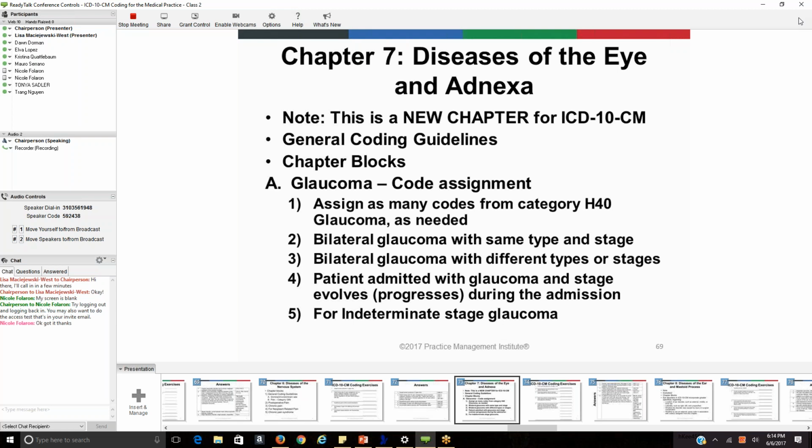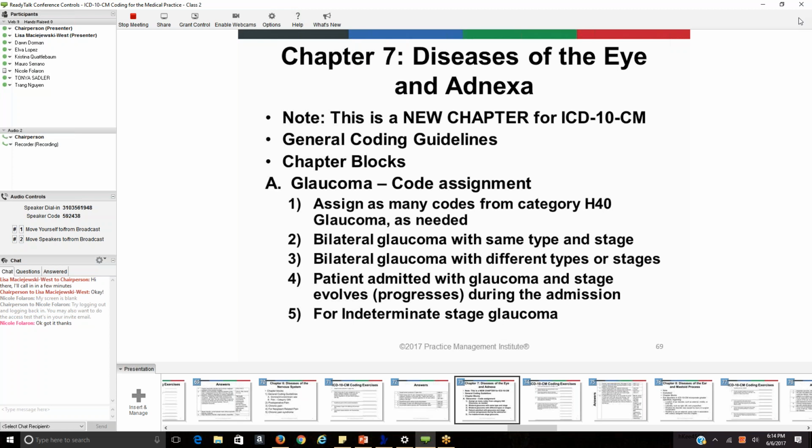If that were to happen, you would assign the code for the burn to the lens of the eye, and then you would also assign an external cause code as to what happened, and that's what the external cause codes are. Believe me, we will be discussing external cause codes in detail tonight. So make sure if it is an injury to the eye that you are assigning an external cause code.